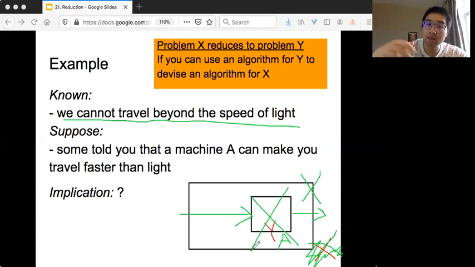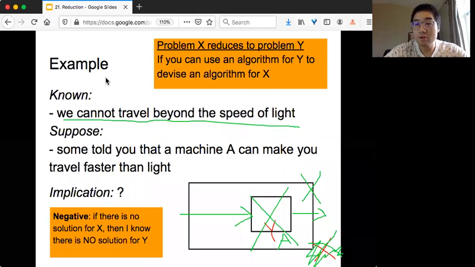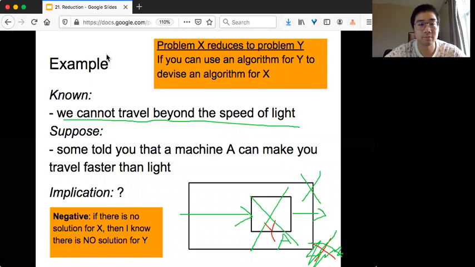So this is the negative direction. If you know that there's no solution for the outer box, then you know that there's no solution for the inner box. That's the beauty of reduction, and this negative implication is a very useful proof technique.